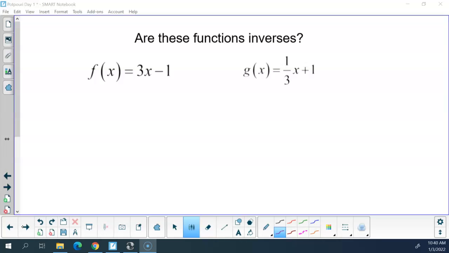The other way is we could do the f of g of x and it equals x. And if that one works out, then we got to do g of f of x. Make sure that one equals x. So either way works. So let's do the f of g of x method.